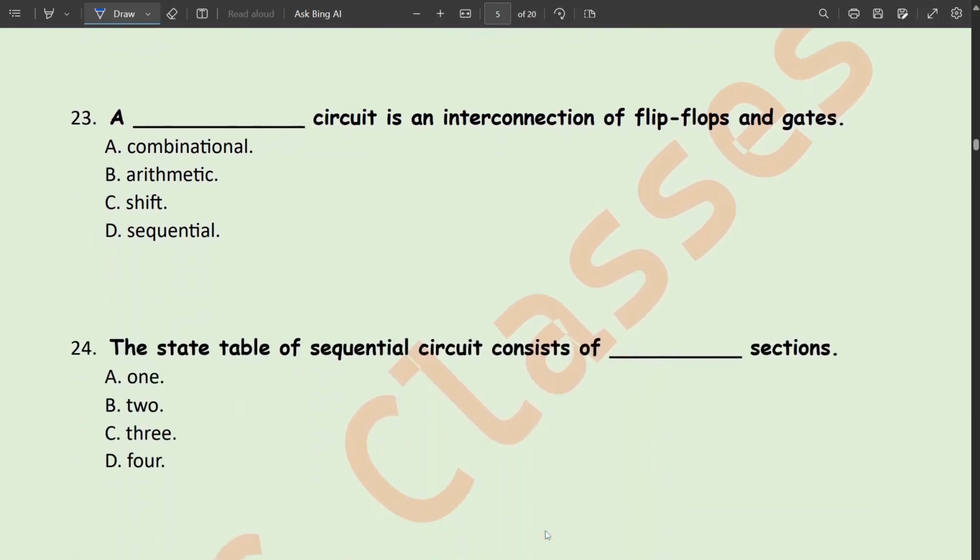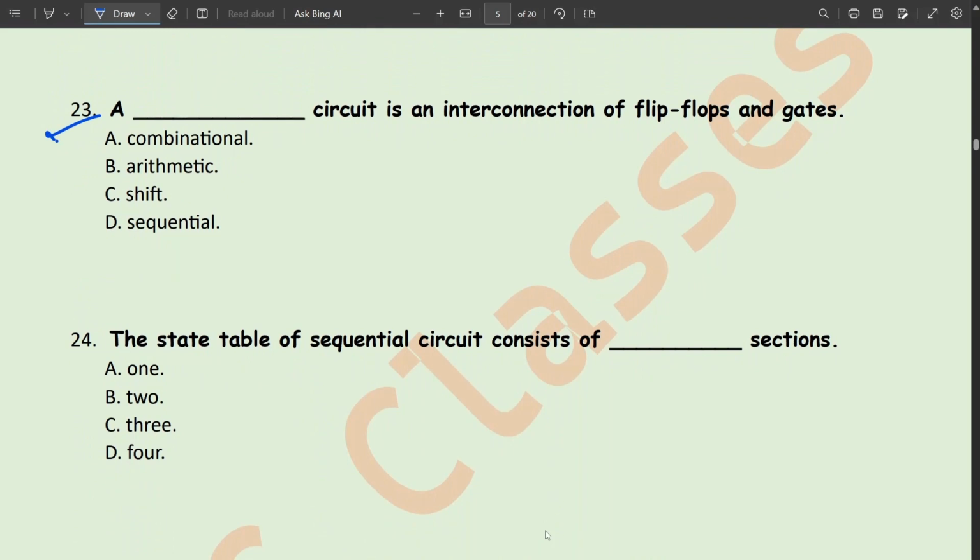Next, a circuit is an interconnection of flip-flops and gates. The first option is combinational, second arithmetic, third shift, and fourth is sequential. So the answer will be option number D, sequential.